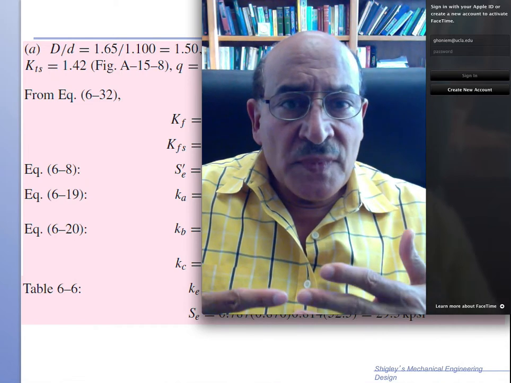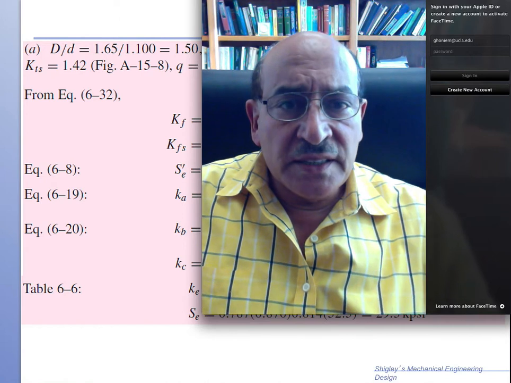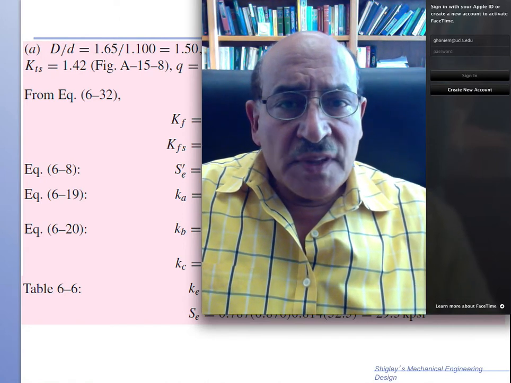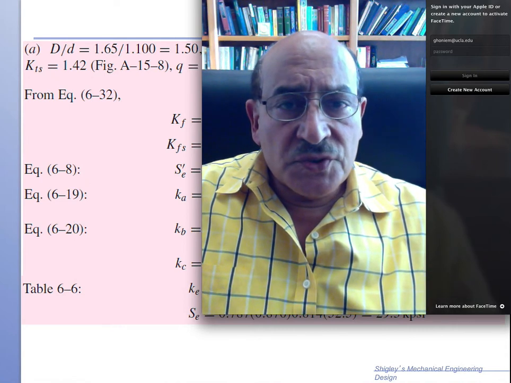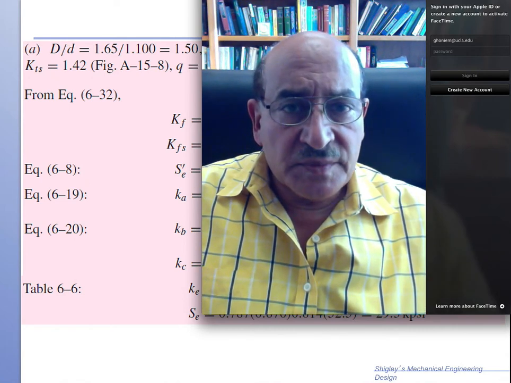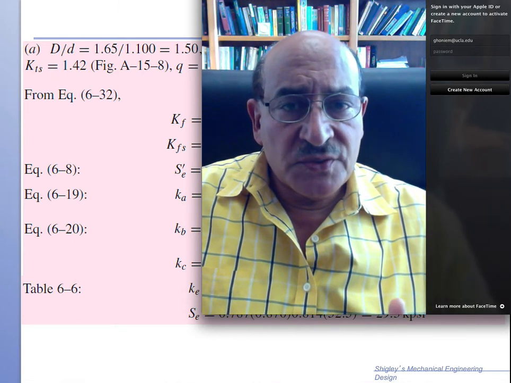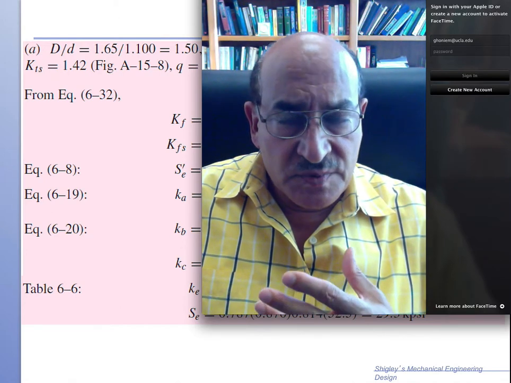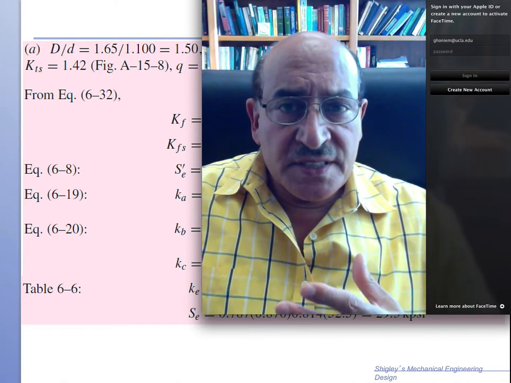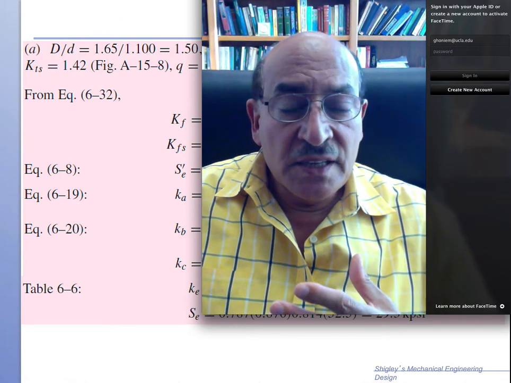So we have the ultimate strength of the material. First, we want to find the endurance limit for the rotating beam, which is half of the ultimate if it is steel. And then we want to make corrections for the endurance limit for the practical fact that we have a shaft that has a specific size, a specific surface condition, and specific loading, for example, bending.